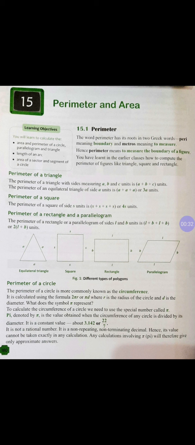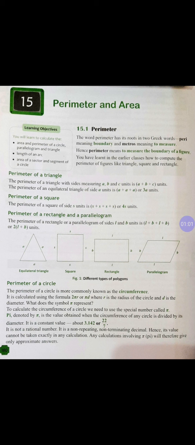Okay. Now, let's talk about the perimeter of a triangle. Next heading. So, perimeter of a triangle, let's look at the first diagram, the equilateral triangle. Perimeter means that if you travel from one point in any diagram and come back to the same point by going around all the sides.